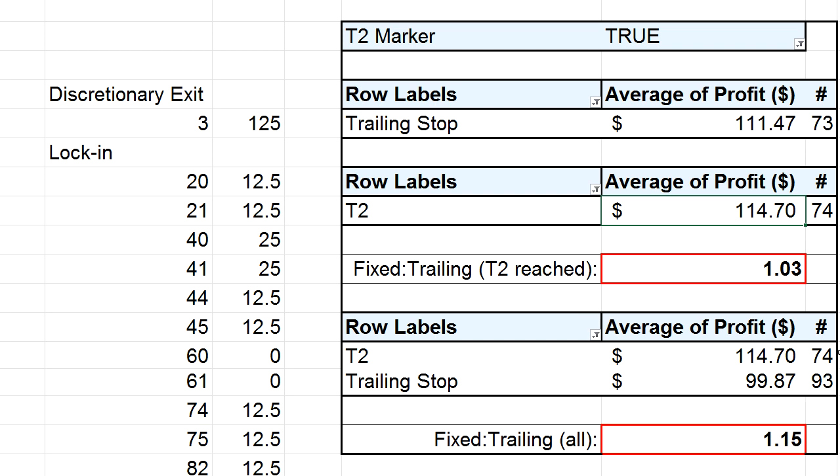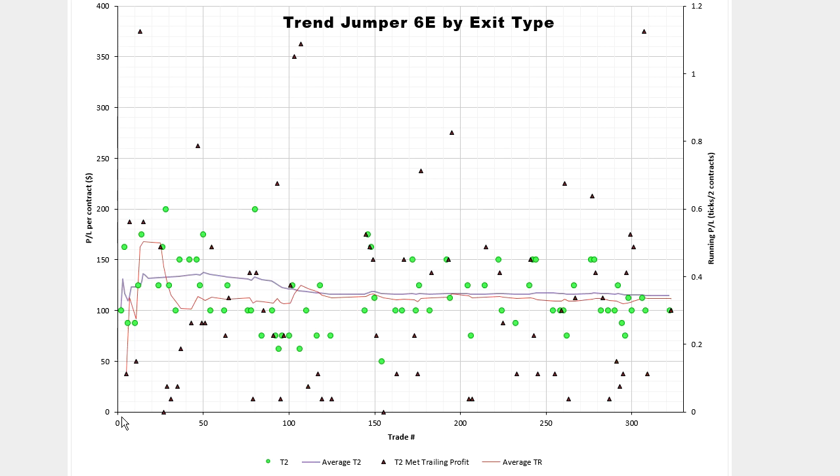Maybe the euro isn't quite as useful to trail a stop, and maybe it's better if you had 3 positions on there and you had another fixed position and trailed less of a percentage of the position. But what it does give you is, if we go to the summary chart, I've adapted this, and you can see that we still have the T2 here in green.